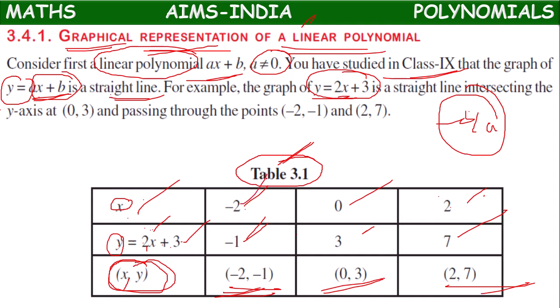One negative integer, 0, and one positive integer we have taken regarding x, and we have got the respective y values. So we have 3 coordinates for the given expression y equal to 2x plus 3, and with the help of these we can represent the graph of this equation.